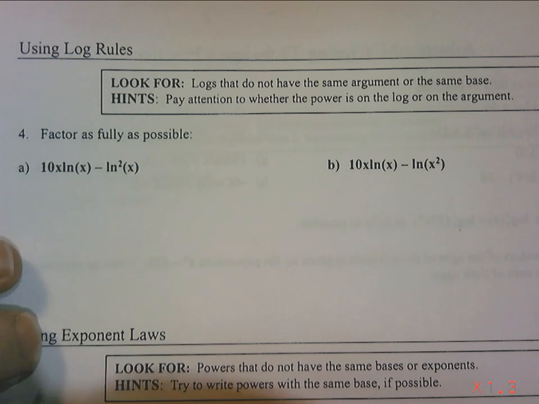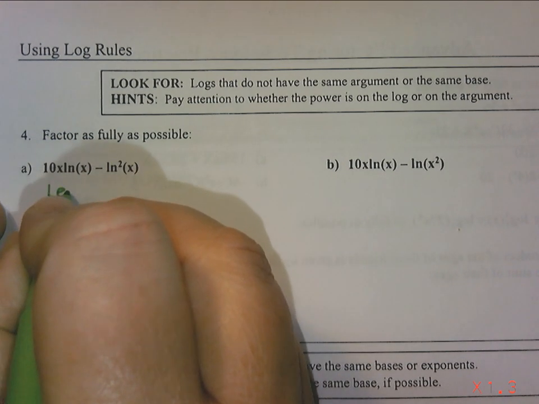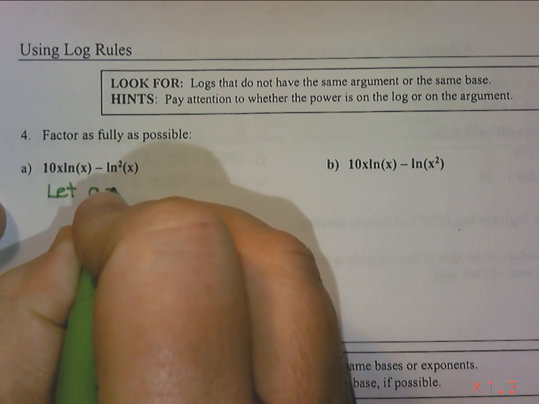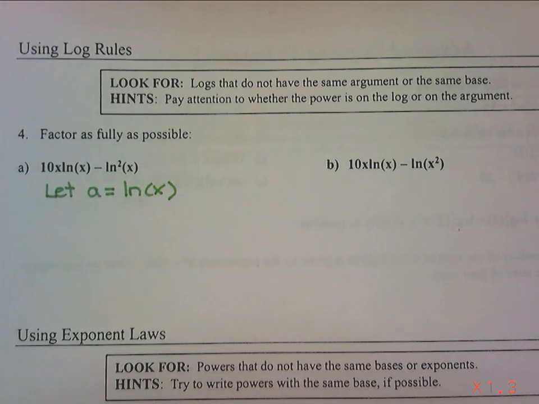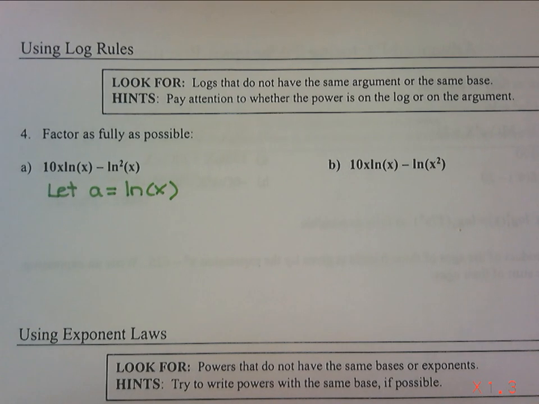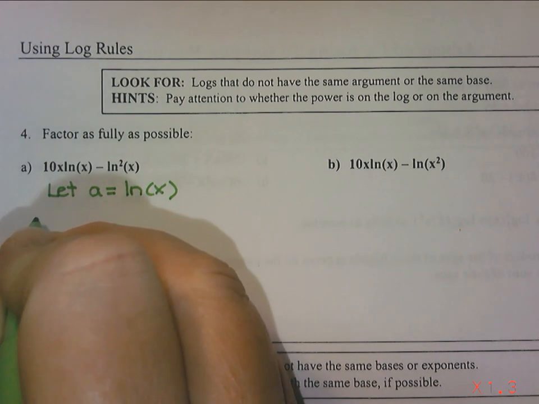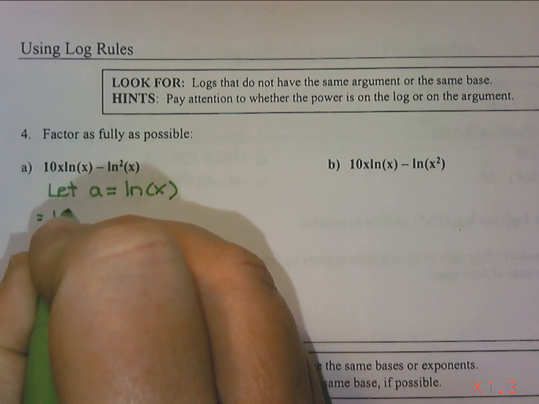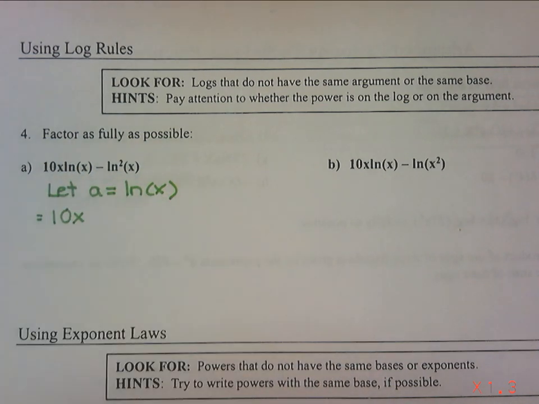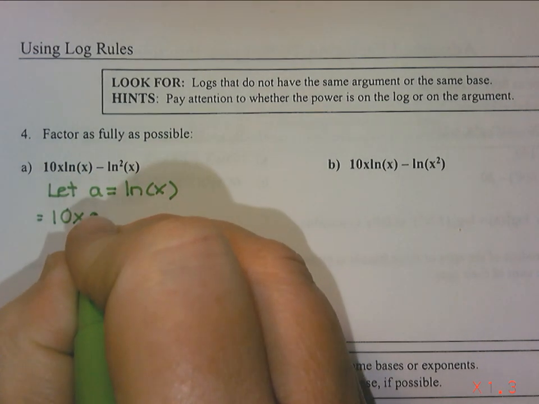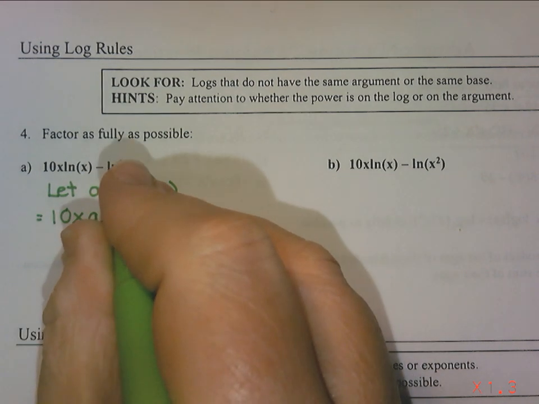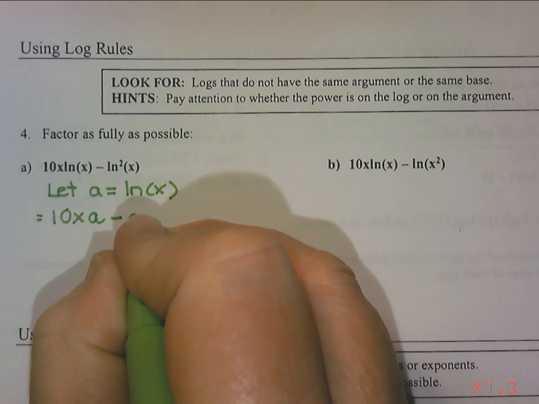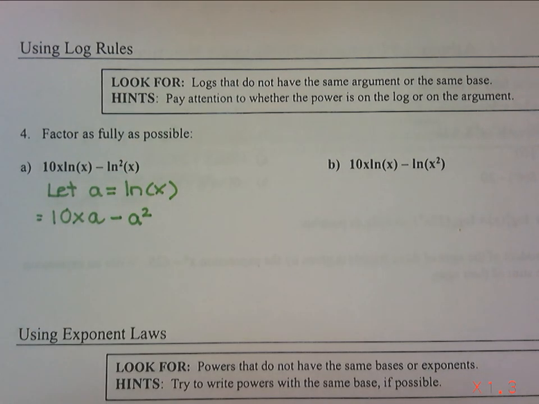So I might choose to take out the ln x and let that be a. You do not have to use variable replacement here, but I do find that it helps. If I do that, I get 10x times ln x, which is a, so I have 10x times a, and then I'm taking away ln squared x, or a squared.